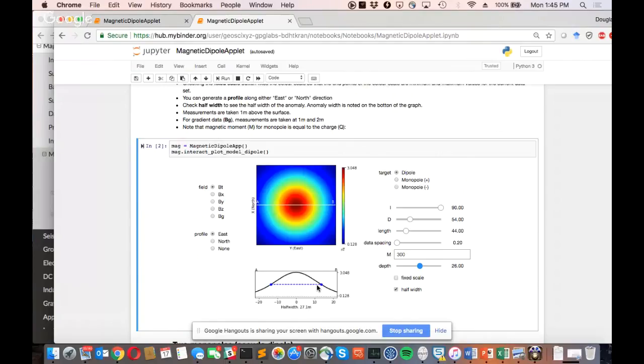That's really important. Suppose you're looking for just a buried drum or something like that. Then it's going to act like a dipole, and if the half width of the curve comes out to be 4 meters, then it's like, okay, that's about how deep it is. So that's something that you can experiment with.